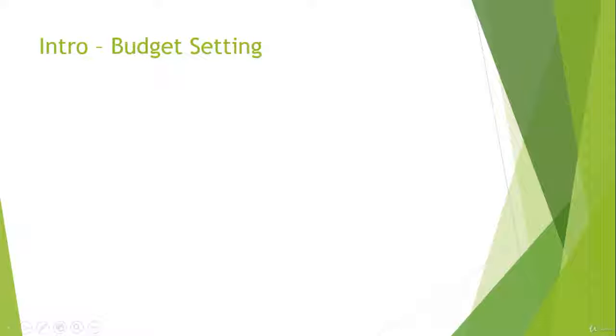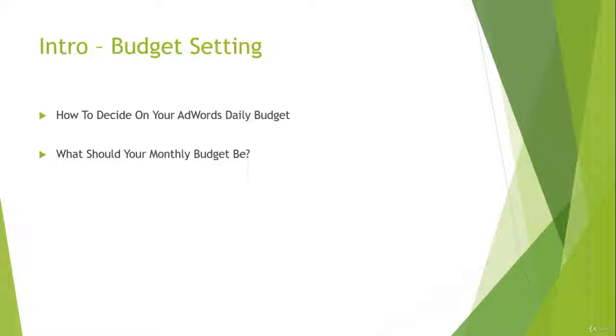In this section, we're going to be looking at budget setting for your campaigns in Google Ads, and we'll look at how you can decide on your AdWords daily budget, which obviously is set at the campaign level and can also be set at the account level. We also look at what your monthly budget should be, and we're going to look at what the minimum AdWords budget is.